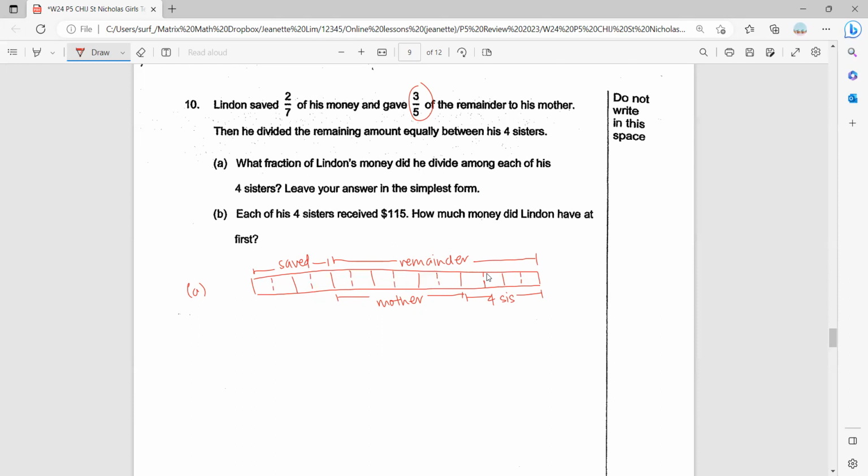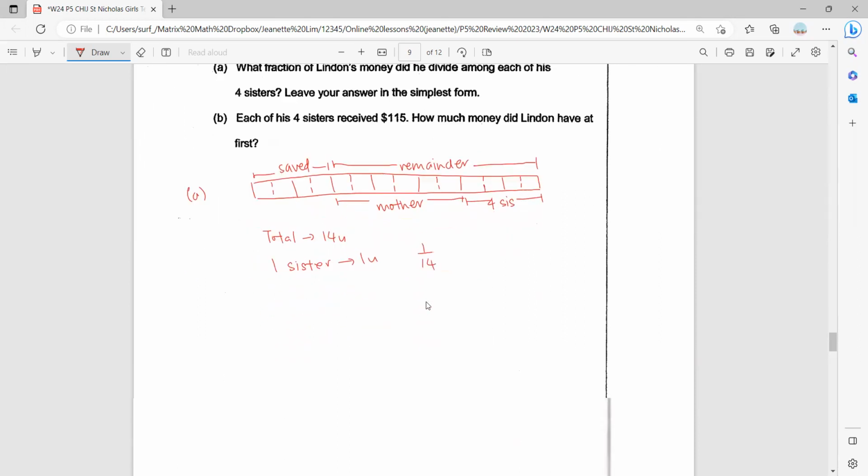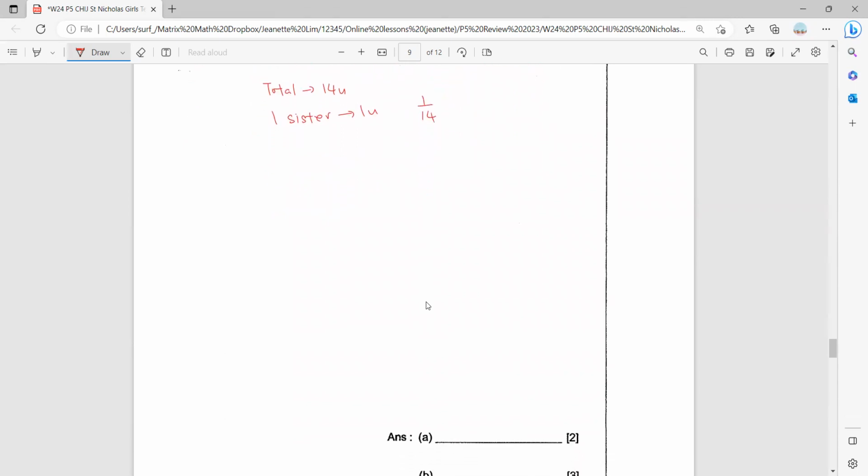So what we can see now is that the total amount of money becomes 14 units. And 1 sister is going to get 1 unit, because you have 4 units shared among 4 sisters. So each person gets 1 unit. So your answer for part A is 1 over 14.